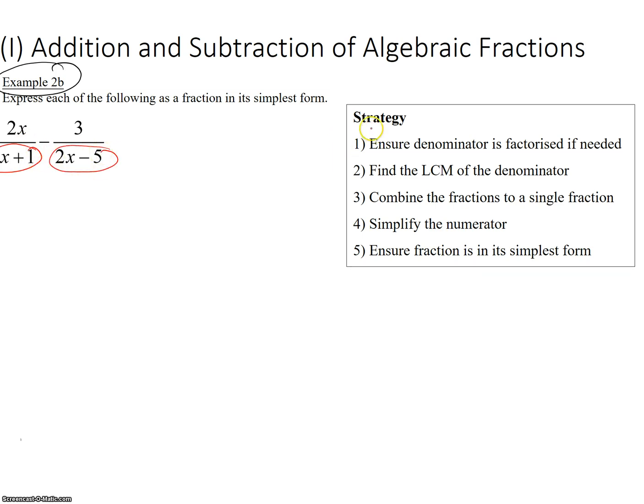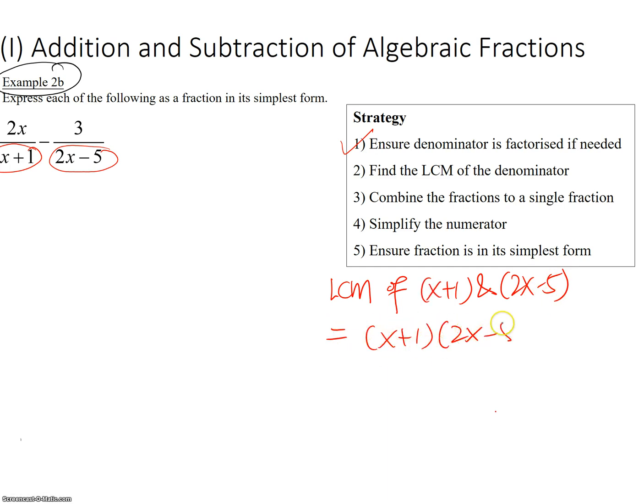They are factorized, nothing else to do, so it's done. Now, what is the LCM of the denominators? The LCM of x plus 1 and 2x minus 5 is simply x plus 1 and 2x minus 5.